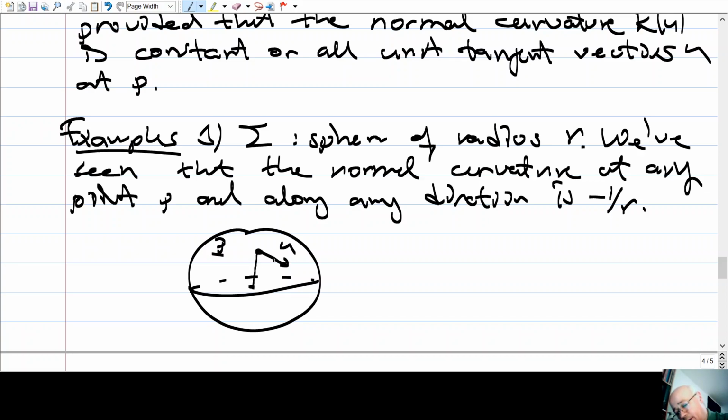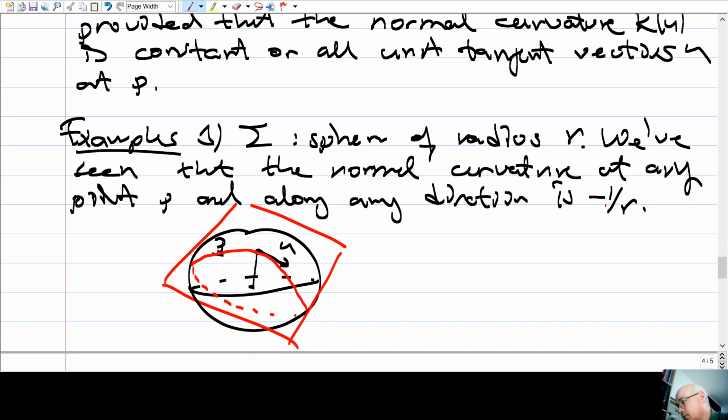So it is the normal section of the sphere with a normal plane containing this vector, and the intersection curve is nothing but a great circle of radius r. We know that for a circle of radius r, the curvature is 1 over r.